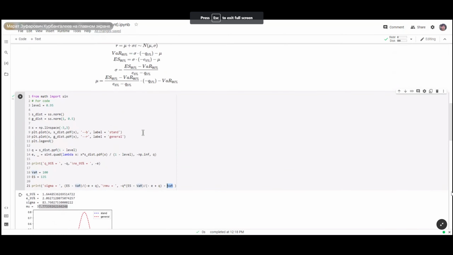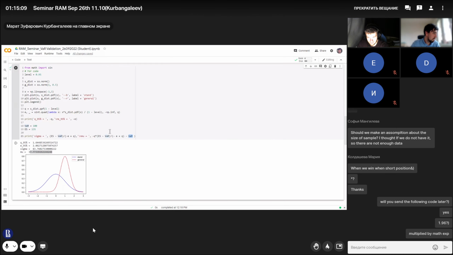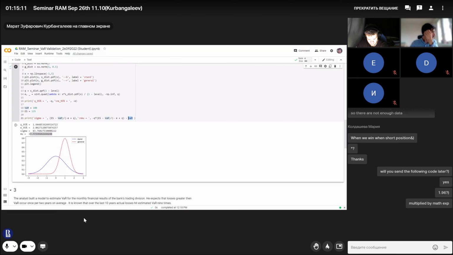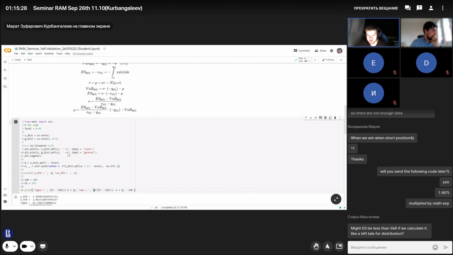Shouldn't it be the Q in mu? Well, here, 21st. Shouldn't it come with plus? Because we determined it with minus, but our Q is determined with plus without minus in our code.